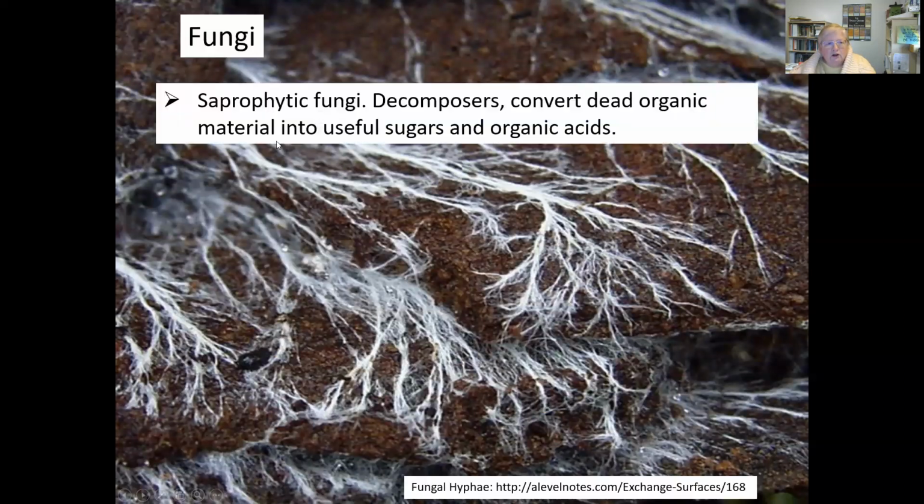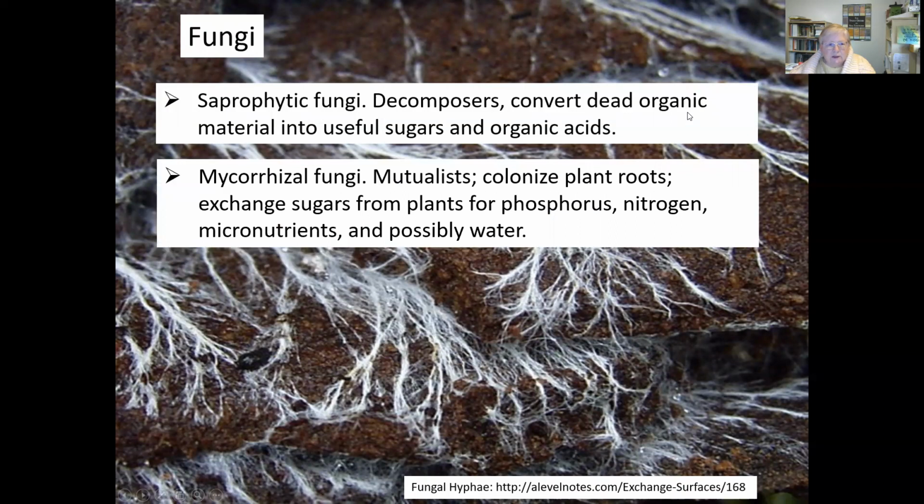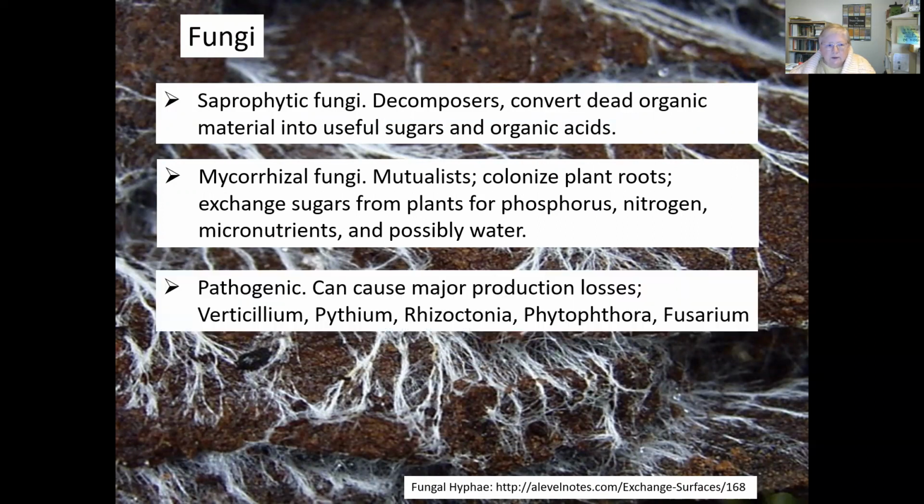Fungi include the saprophytic fungi, which again are decomposers that convert dead organic material into useful sugars and organic acids. The mycorrhizal fungi, which are mutualists, similar to the bacteria. They colonize plant roots, and again, in exchange for sugars from the plants, they provide phosphorus, nitrogen, micronutrients, and sometimes water to the plant.